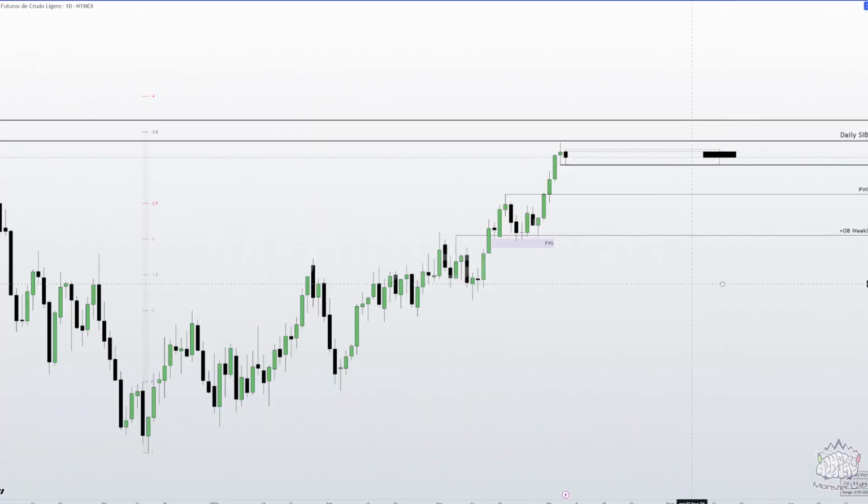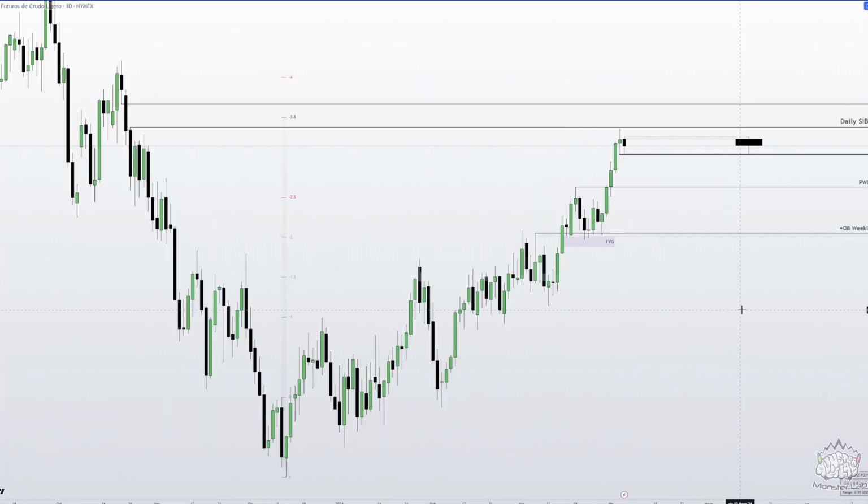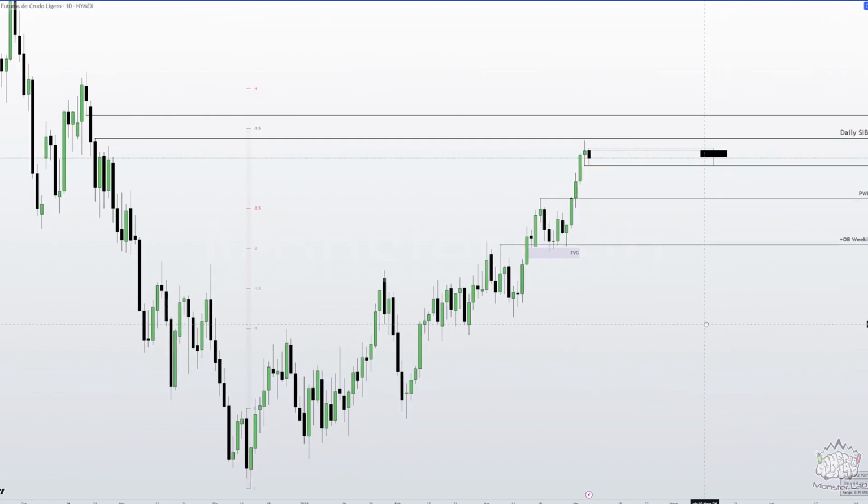This is the daily chart, daily projections through the oil here. Price closed above the 2.5 deviations here and continued to the 3.5. Okay, so the draw on liquidity here is the 3.5 and 4 deviations.